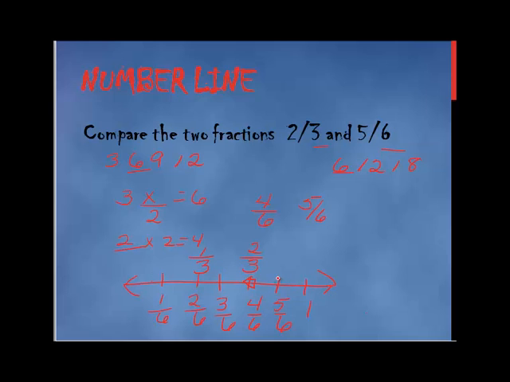Let's mark 4/6 and 5/6. Now we want to compare the two. We want to see which one is greater. Well, 5/6 lies to this, and we know that anything that increases on the number line is getting larger. So 5/6 is greater than 2/3.